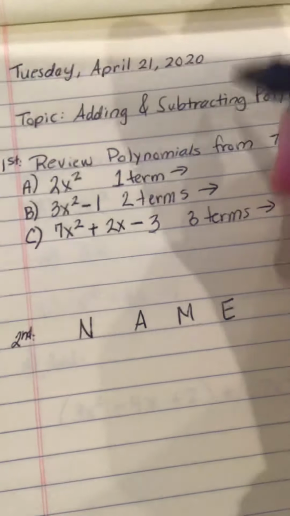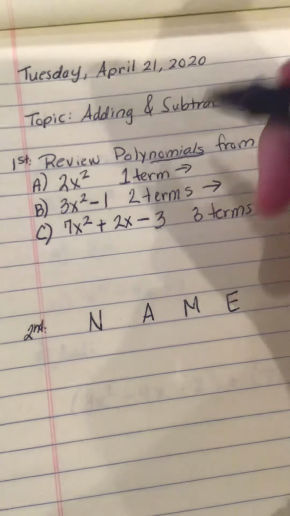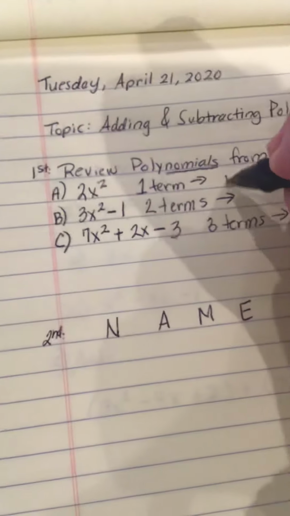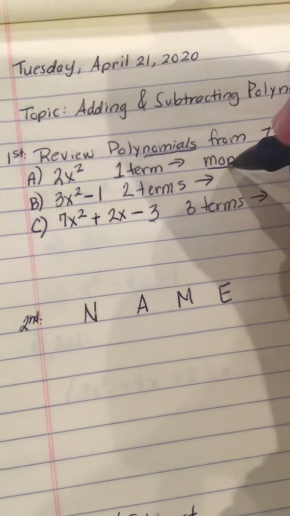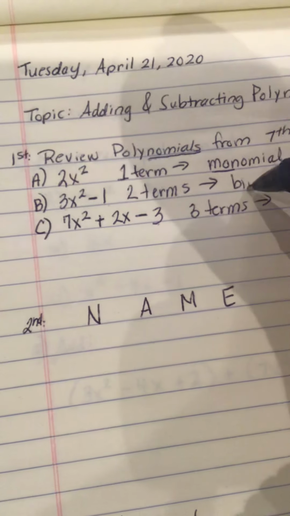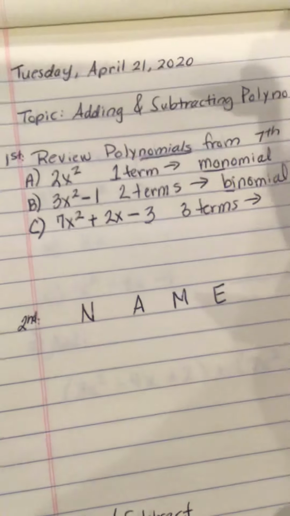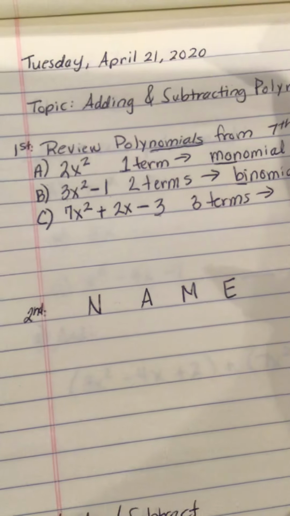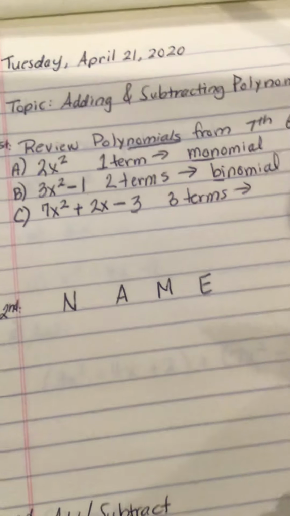Okay, they all have this nomial ending. So the one term would be a monomial. Mono means one. This one would be a binomial. You've seen this prefix, bi, like bicycle, anything meaning two. Bicycle meaning two wheels.